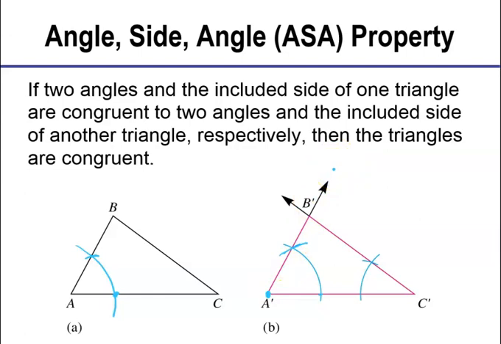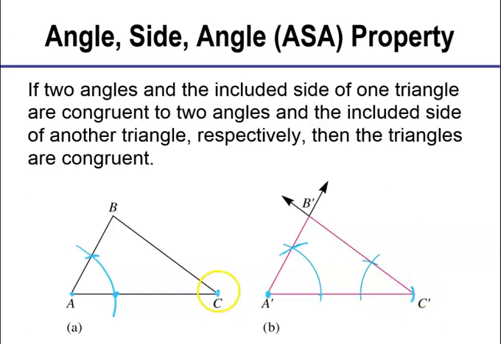Then you can do your side. So you know how to copy a line segment over. You just measure, put your corner here of your compass and your pencil here at C, and then copy that over here by putting an arc, and then you just draw your line segment on top of the line that you have already drawn. And now we want to draw angle C over here. So you come over here and you put your point of your compass on C, because you have a C prime over here.